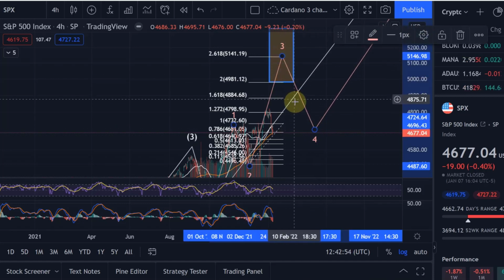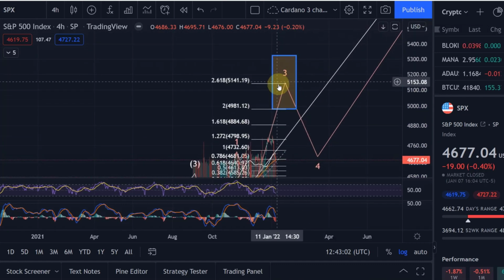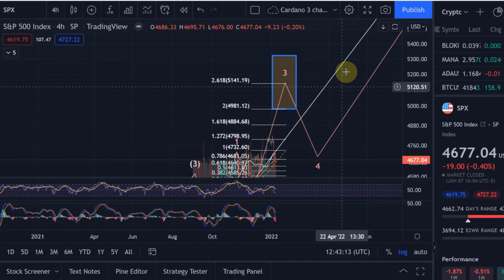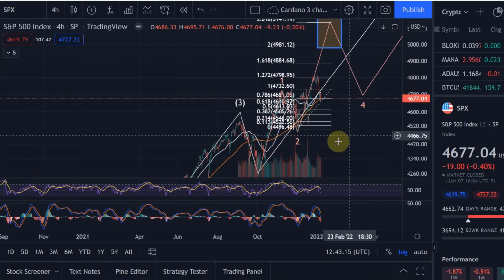This could take another few weeks to move down, but certainly the expectation would be from where we are now to continue to go up into this region of, I would say, above $5,000. With the highest probability, I would personally say 5,140 roughly, before we then move down in a wave 4 and then a wave 5 to the upside.